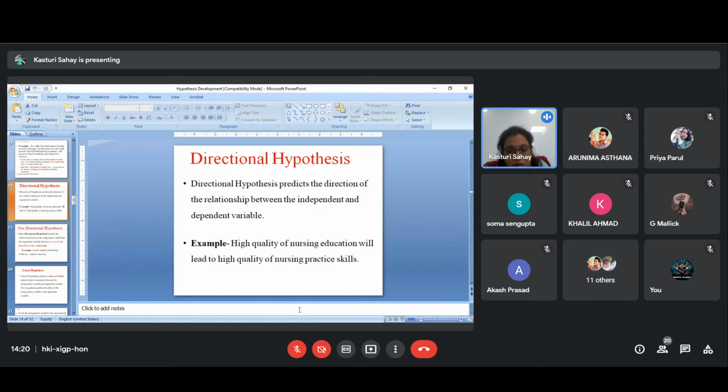So if in a hypothesis, you are able to predict the direction of the relationship between the two, that is, if A is increasing, B will also increase, or if A is increasing, B will decrease, that is when a directional hypothesis is defined. That is, you are defining the direction of relationship, whether there is a positive relation or a negative relation between the two variables.